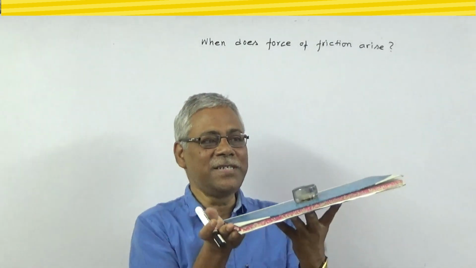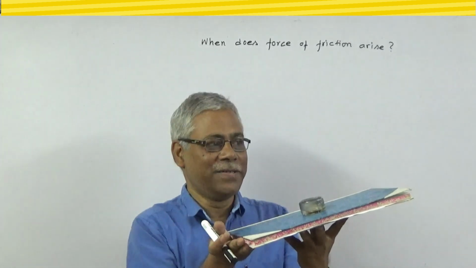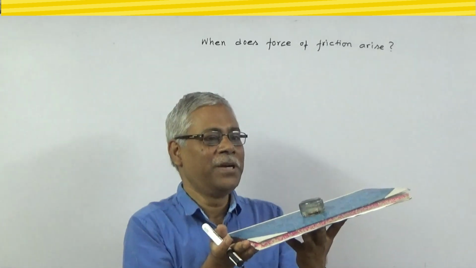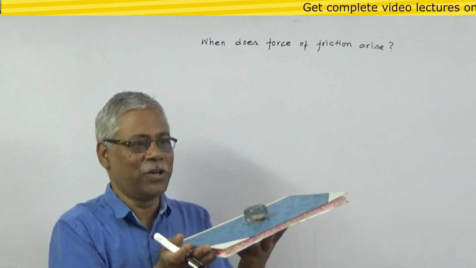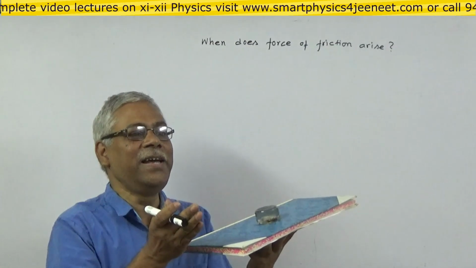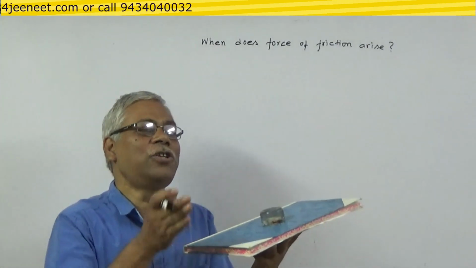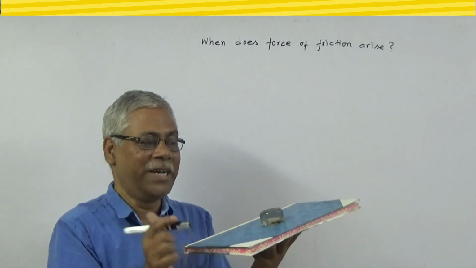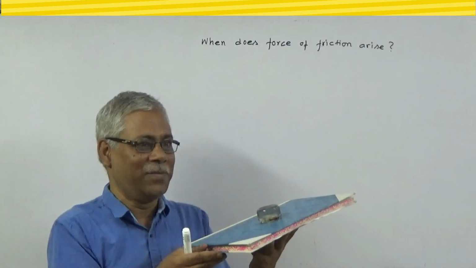When the surface is tilted, now there is a tendency of a relative motion, because this body tends to move with respect to the surface. So when there is a tendency of relative motion, and also when the relative motion is ongoing, in these two cases only, friction arises.